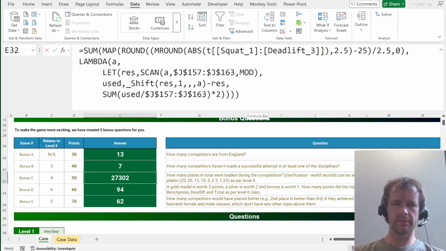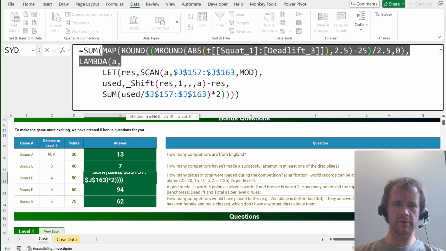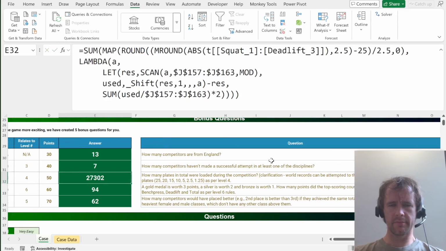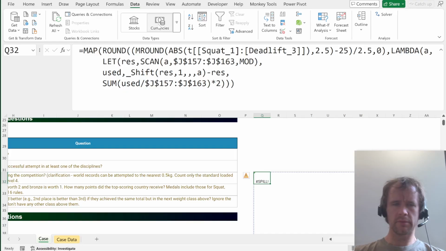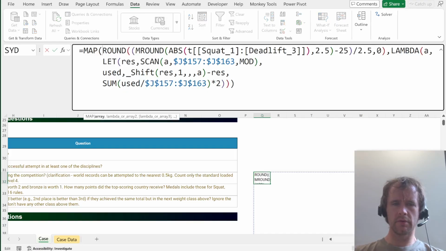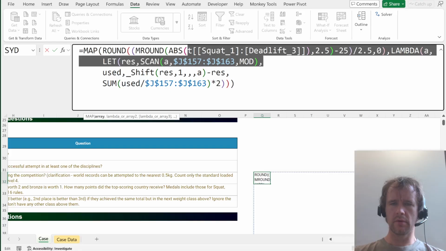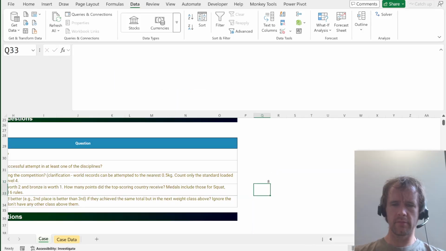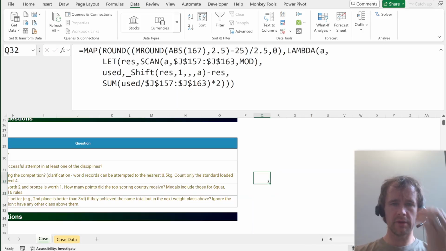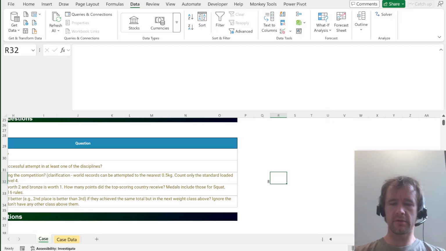Take just this part and apply it to 167. And that says 8 plates. So that would be what? 167 minus 25 would be 142.